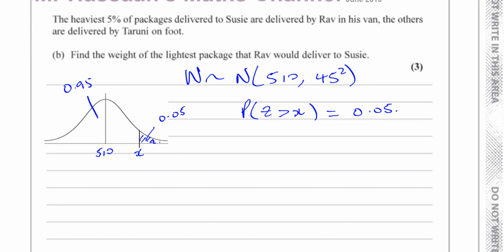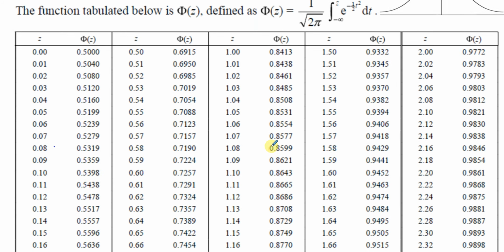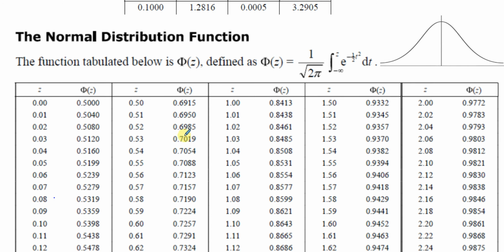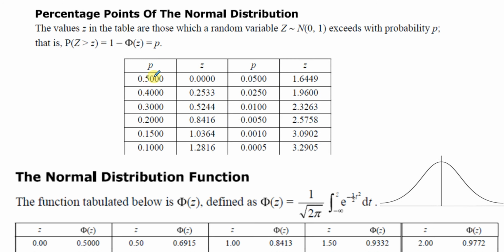If we see the two types of table, we have this table here where you have the value of Z, and this is the area to the left of that value of Z. This other one tells you the value of the area, P, which is the area to the right of these Z values. So we need to find an area of 0.05.